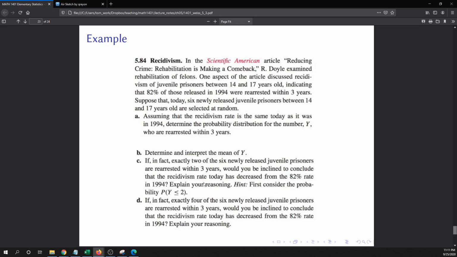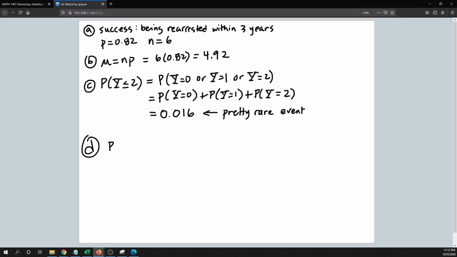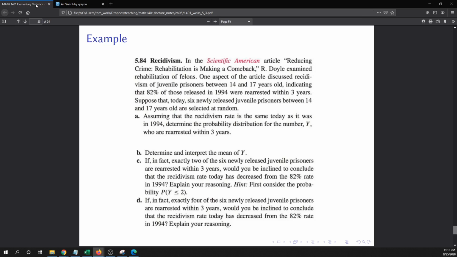Okay, part D, it says, if in fact exactly 4 of the 6 released juvenile prisoners are rearrested in 3 years, then would you be inclined to conclude that the recidivism rate has decreased from the value in 94? So in that case, we would calculate the probability that x equals, let's see, what did they say now?